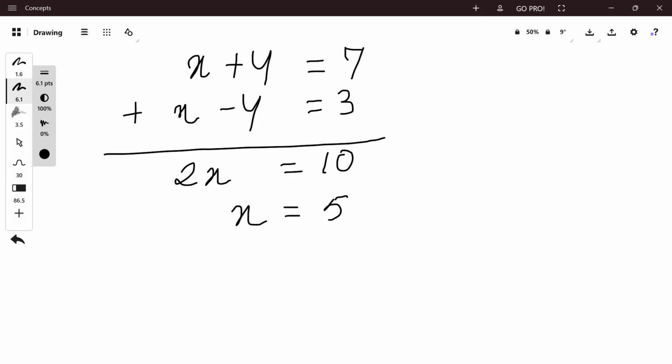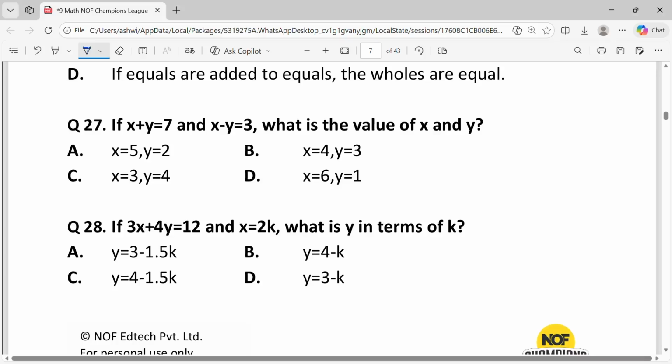Substituting the value of x in the first equation to find y, we have 5 plus y is equal to 7. That is y is equal to 2. Comparing with the options, the answer is A, x is equal to 5 and y is equal to 2.